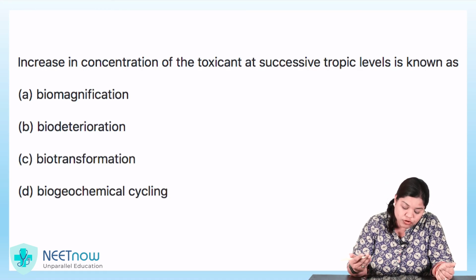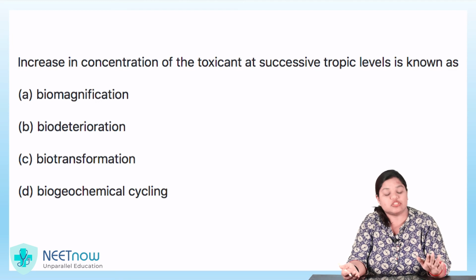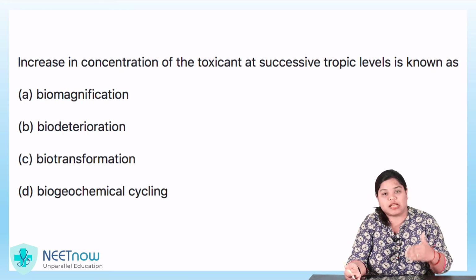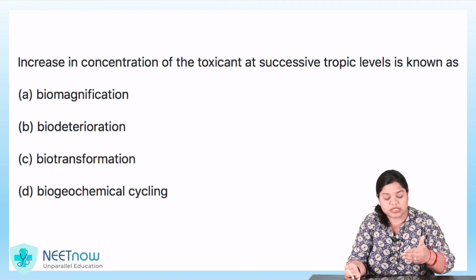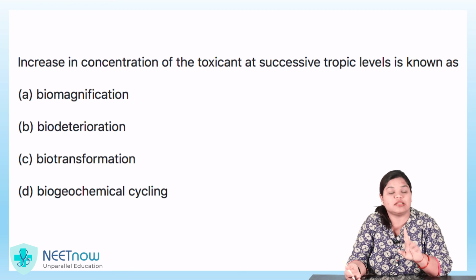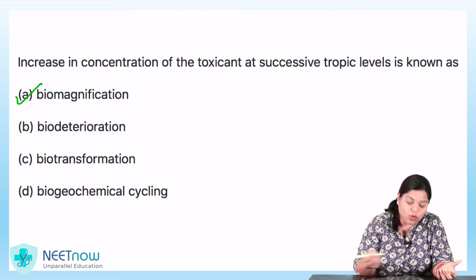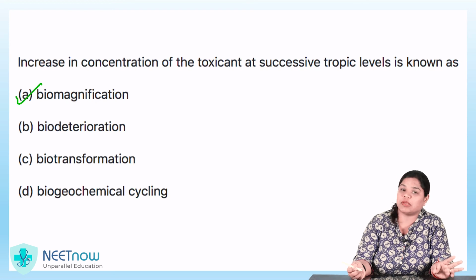Increase in concentration of the toxicant at successive trophic levels is known as. As you go up in the trophic level, the toxicant increases, not decreases, increases. This is the concept of biomagnification, not biodeterioration, not biotransformation, not biogeochemical cycling.